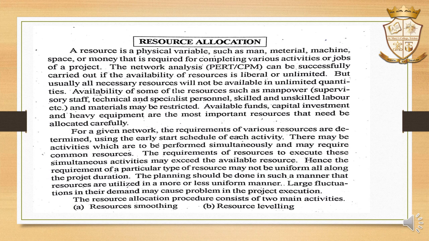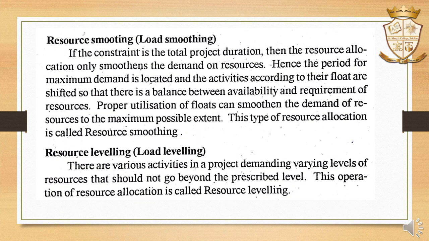There are two procedures for resource allocation: resource smoothing and resource leveling. Resource smoothing is simply the proper utilization of load to smoothen the demand of the resources to the maximum possible extent by reducing the project duration.